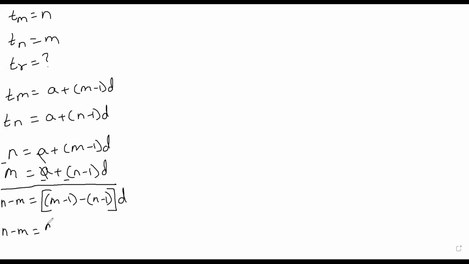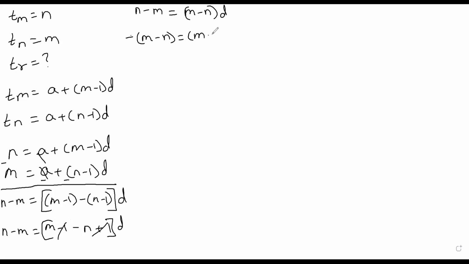That is m minus 1 minus n plus 1, and minus 1 plus 1 cancel. So n minus m equals (m minus n)d. You will take minus 1 common here, you will get m minus n is equal to (m minus n)d. This and this will get cancelled, and d will become equal to minus 1.